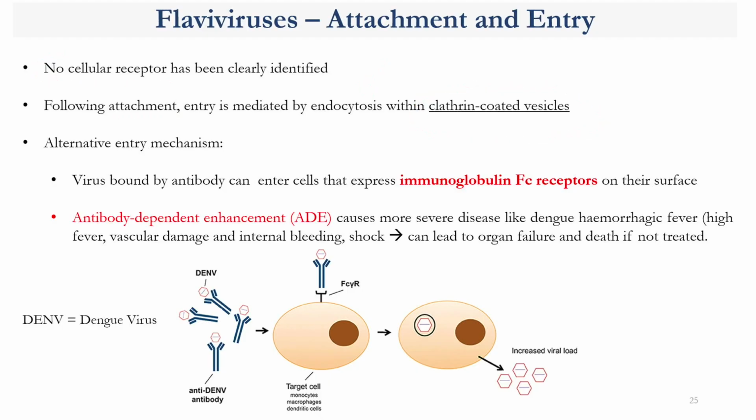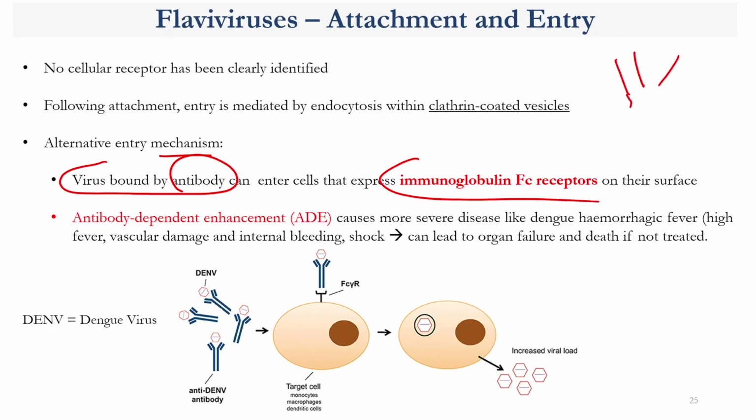But there might be an alternative entry mechanism where if the virus is bound to an antibody, it can enter the cells that express the Fc receptors on the antibody. So immunoglobulin Fc receptor. So if this was an antibody structure, which one is the Fc domain?